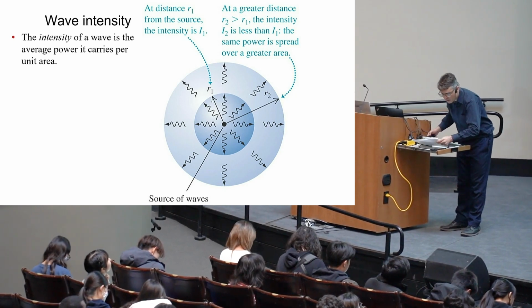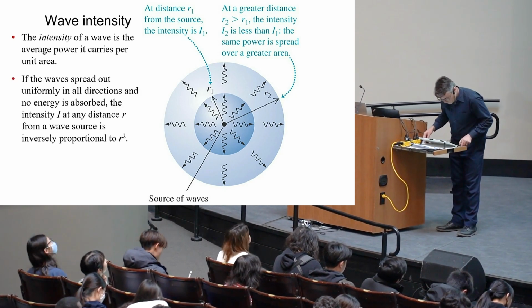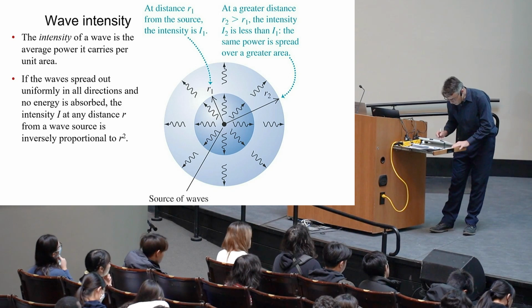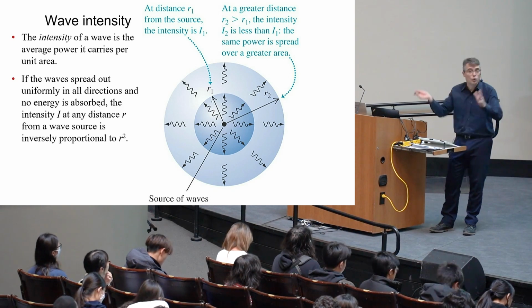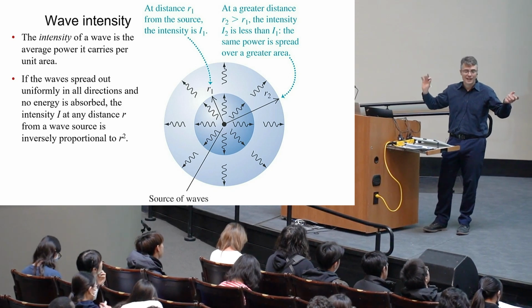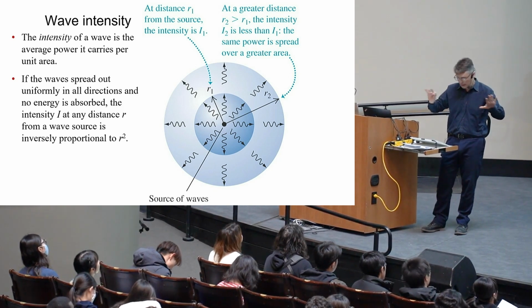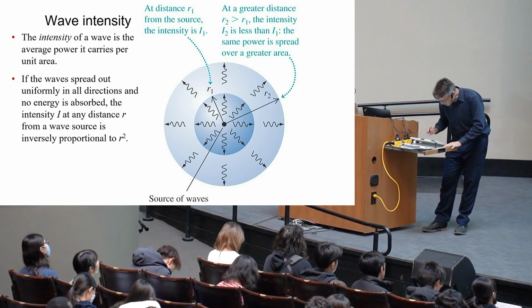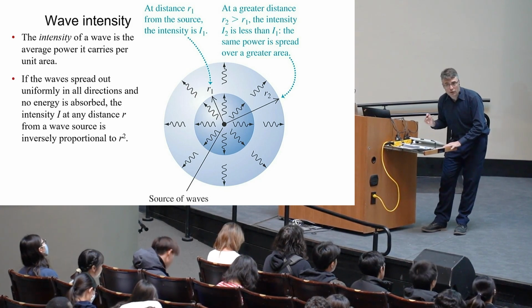Let's see what we've got here. If the wave spreads out uniformly in all directions and no energy is absorbed, so you can also have loss of energy due to, say, heating the air, we're neglecting that. Even still, if you get farther away, it gets quieter.